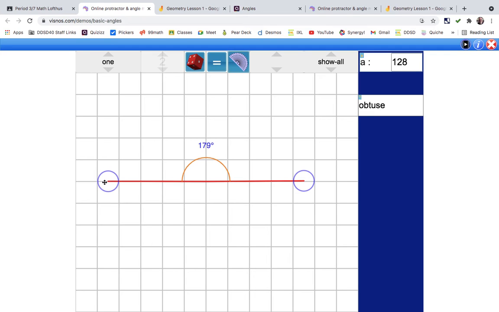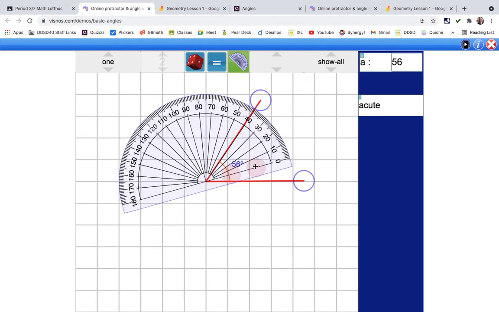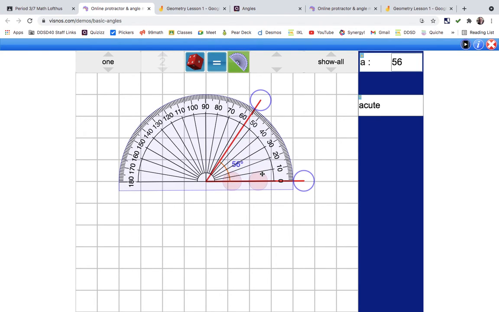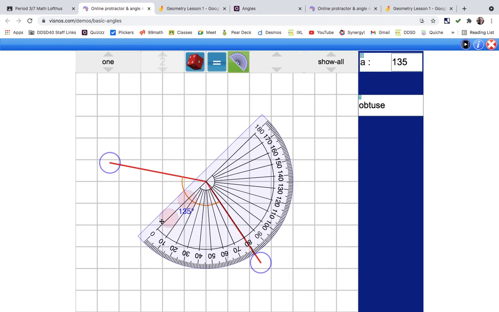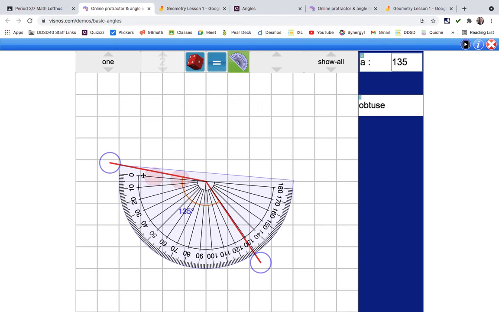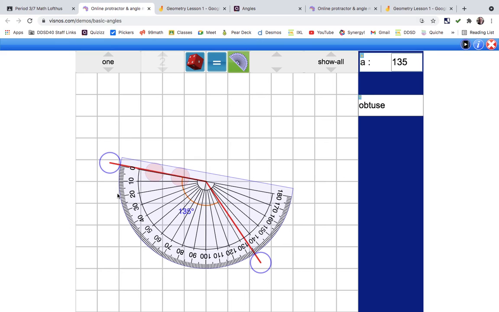We're not really going to go beyond straight angle until high school. We can measure angles by grabbing the protractor, and when we get that symbol right there, we can rotate it around. It needs to be on the 0. So if I roll the dice and I want to rotate this around, then I've got to rotate one of the lines to the 0, like that right there, and then I come all the way around to 135.